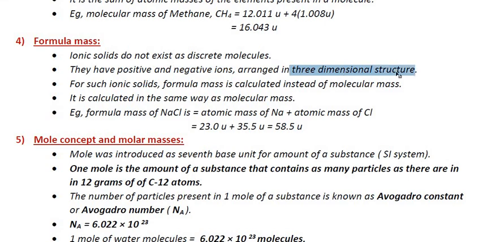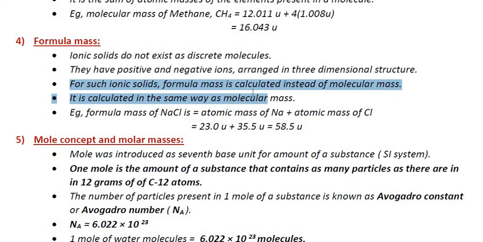That means they have a different kind of arrangement, due to which we have a different term which is used to find out the total mass of the ions present in it. So for such ionic solids, formula mass is calculated instead of molecular mass, and it is calculated in the same way as we do molecular mass.